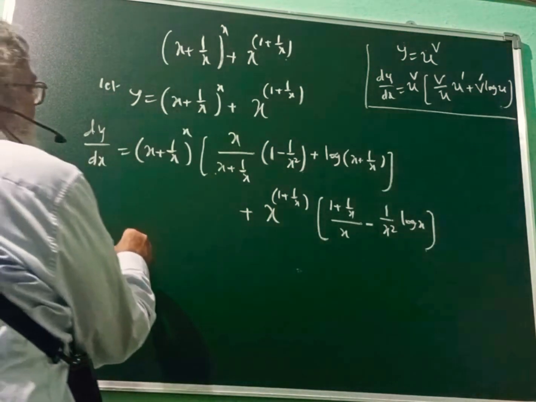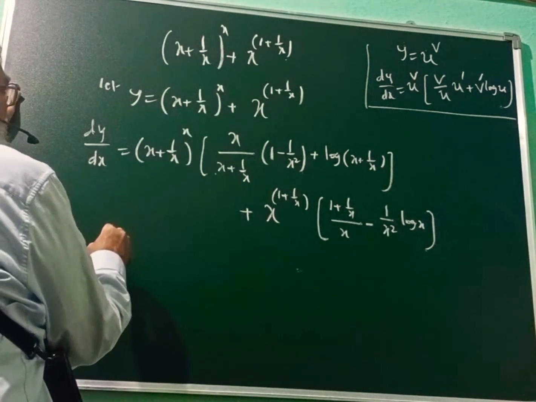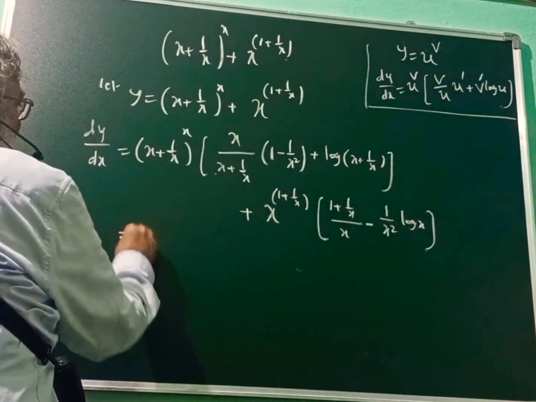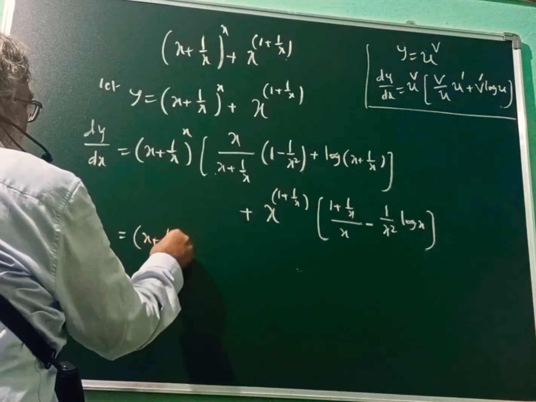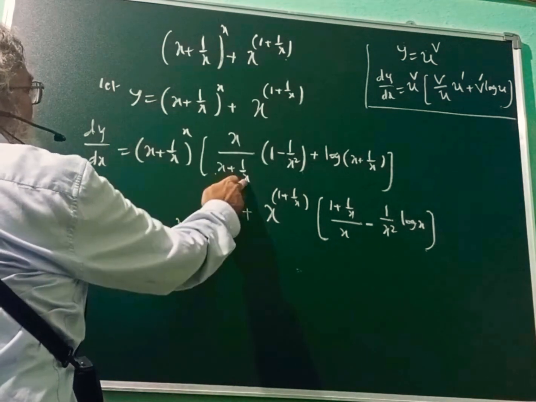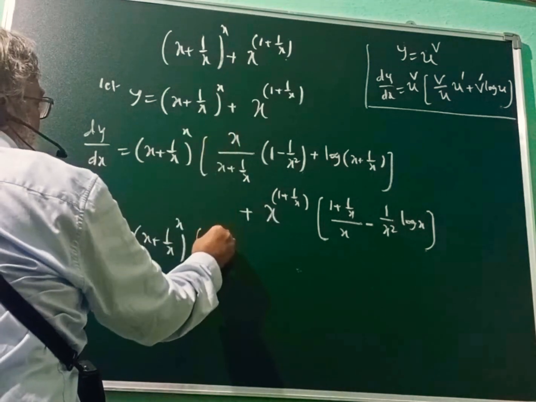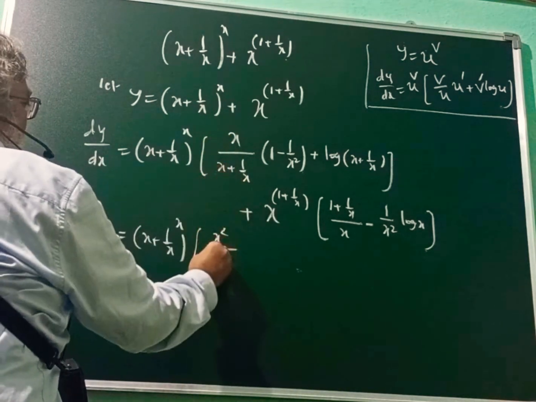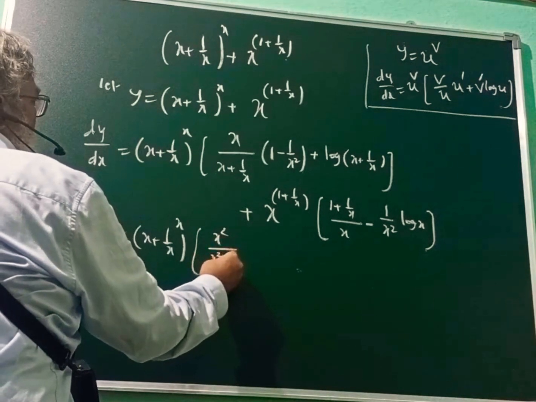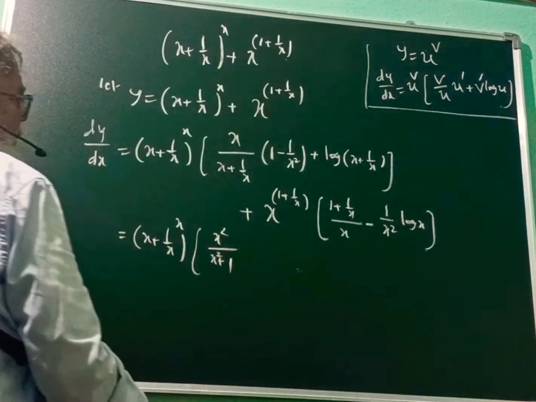Now you can see here x plus 1 by x raised to x. If you take LCM it will become x square, and after taking LCM it will be x square plus 1.